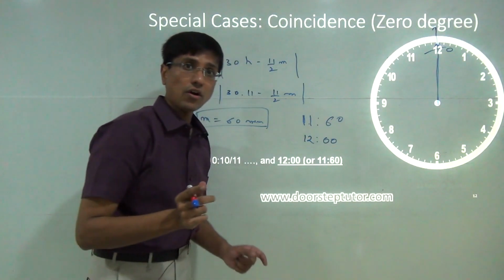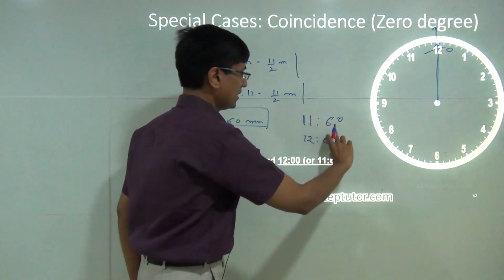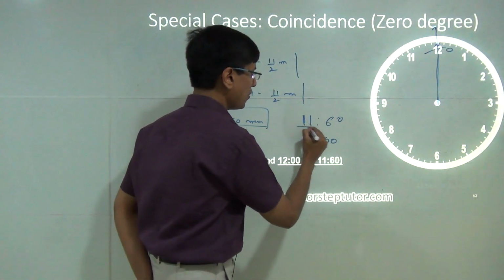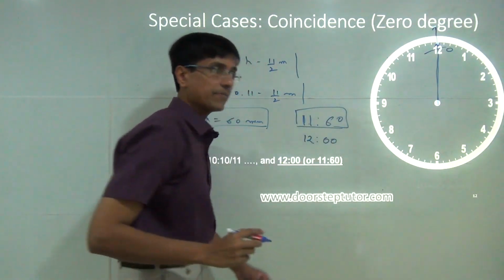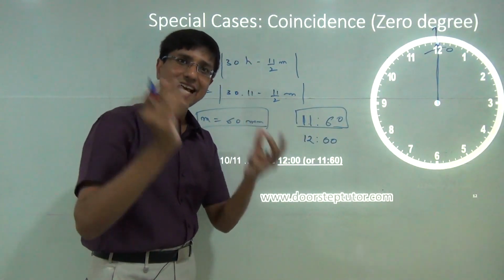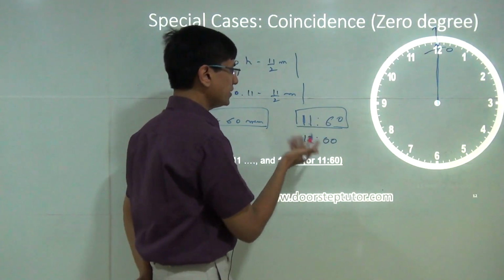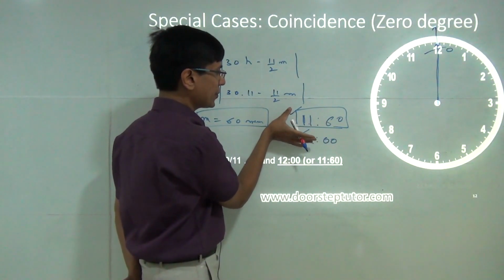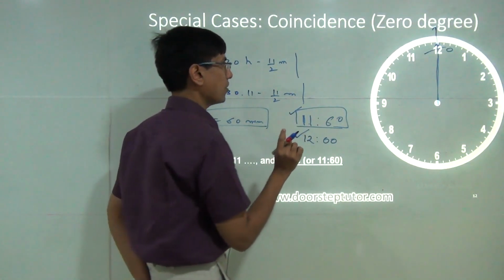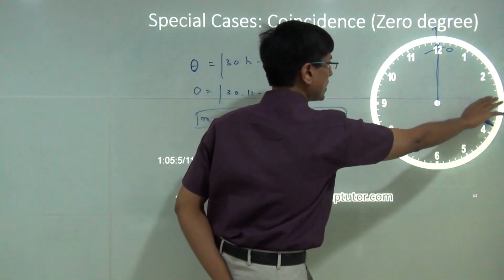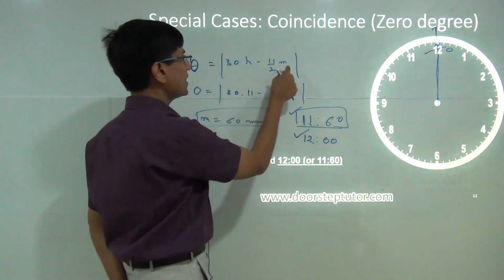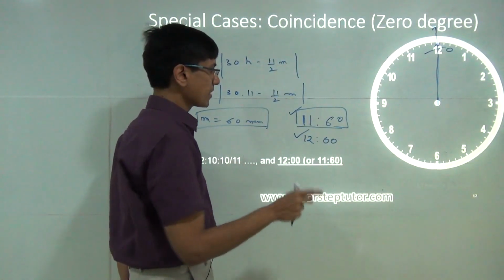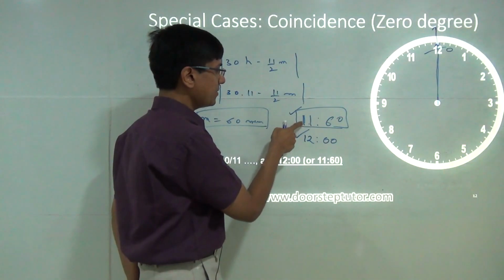So for 12 o'clock, the hands are coincident at this time. For 11 o'clock, the hands are coincident at this time, but the two times are exactly the same. For the purposes of the clock, the two times are exactly the same, which means that the coincidence is shared between 11 and 12 o'clock. For each of the other hours, 1, 2, 3, if you put h here, you will get a distinct value of m. But the coincidence would be shared between 11 and 12.